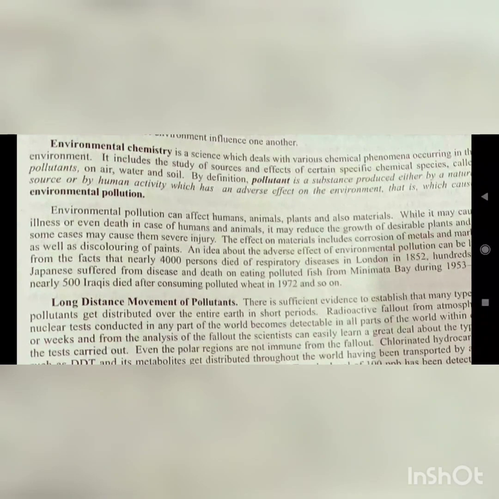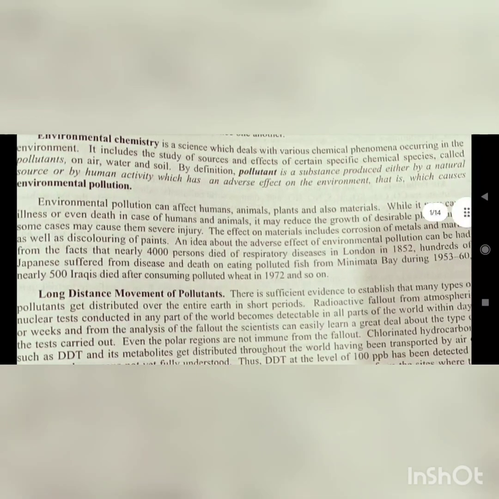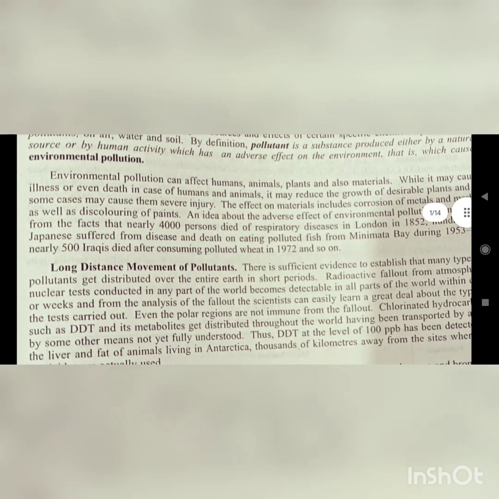By definition, a pollutant is a substance produced either by a natural source or by human activity which has an adverse effect on the environment, that is, which causes environmental pollution. Environmental pollution can affect humans, animals, plants, and also materials.